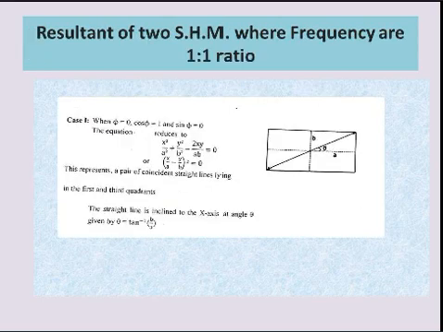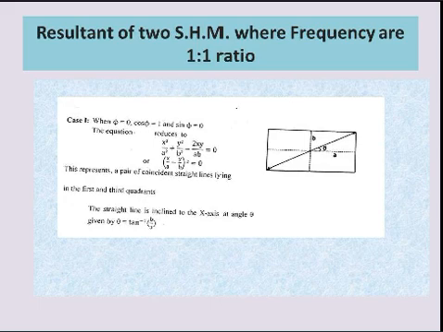Now we saw the final expression for resultant of two simple harmonic motions. They are at right angle to each other and also the frequencies are in the ratio 1:1. So let us see some of the cases. Case 1: when phi is equal to 0, cos phi will be equal to 1 and sin phi will be equal to 0. When you substitute, you will get x square upon a square plus y square upon b square minus 2xy upon ab is equal to 0.